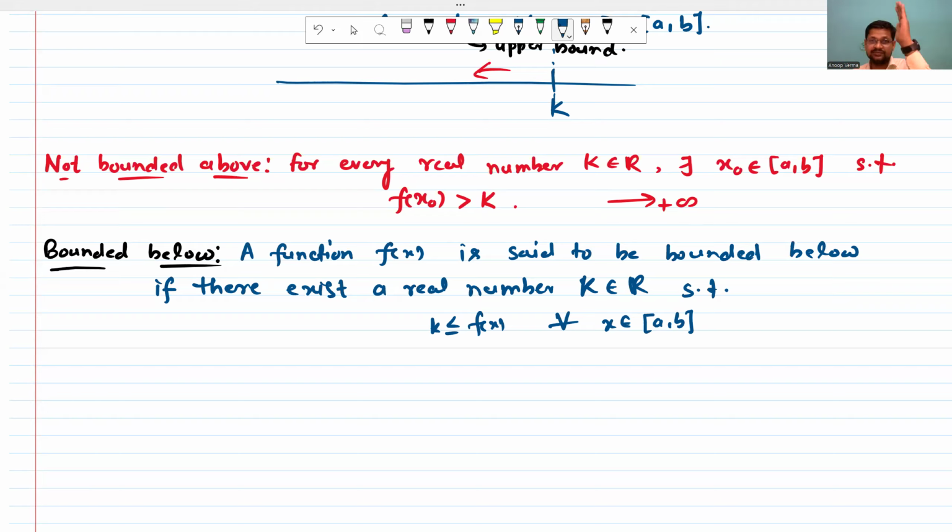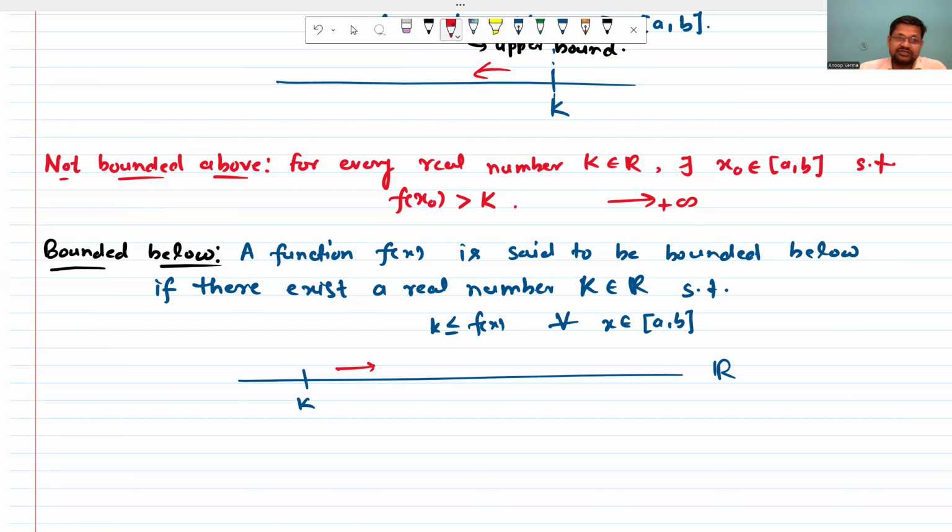It means there is some restriction in below side. It means if you draw the real line, this is your R. So there somewhere k, then value of the function is always more than this k. So this type of function is called bounded below if there exists some real number.